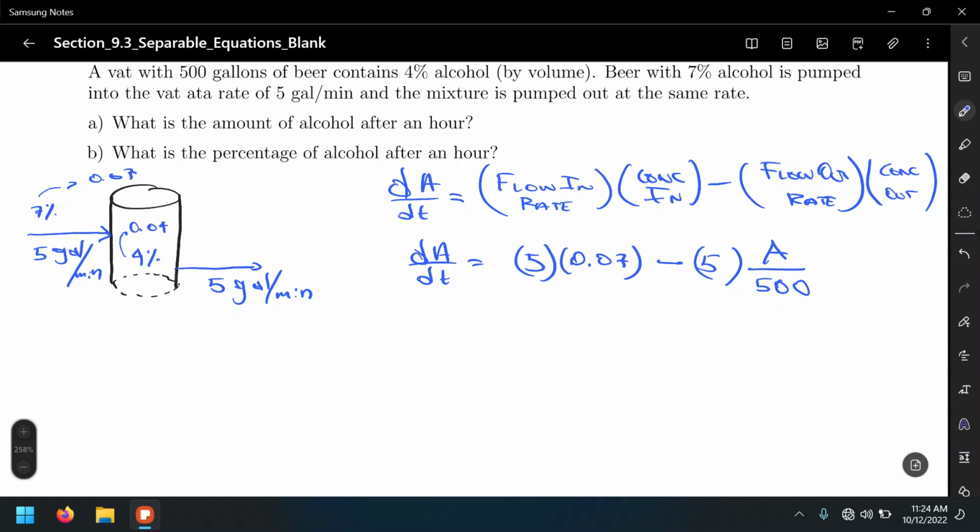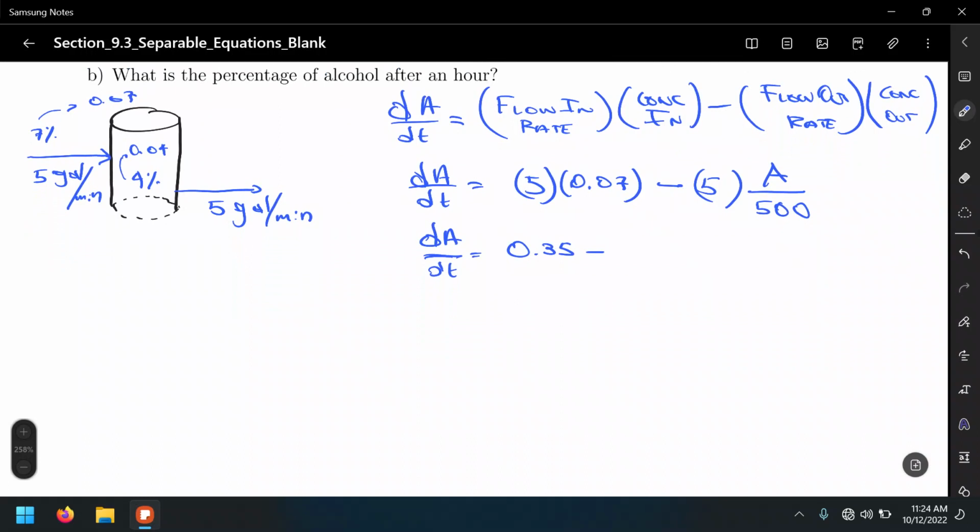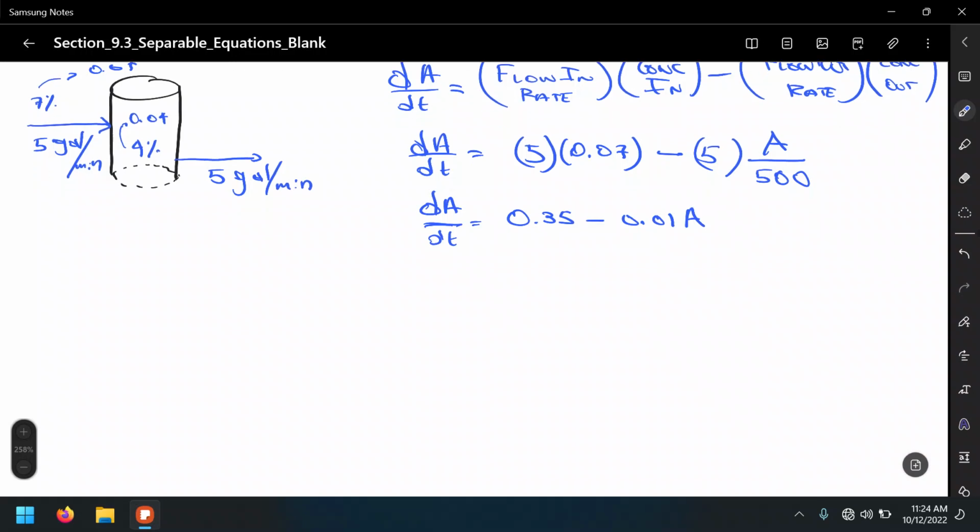Let's simplify a little bit. That's going to be dA/dt equals 5.0 times 0.07, that's 0.35, minus 5 over 500, that's 1 over 100, or 0.01, multiplying A. So let's solve this differential equation. Let's separate the variables.